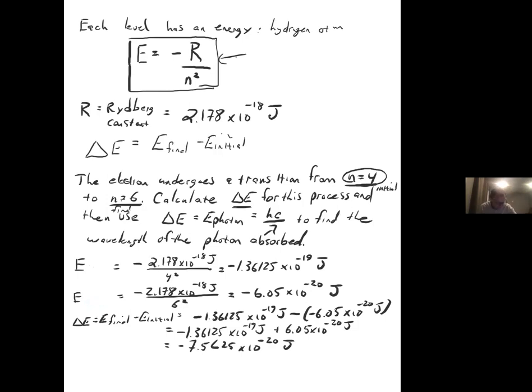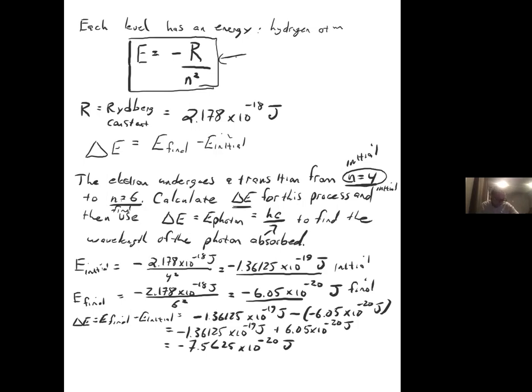It's easy to get it confused. It's going from 4, so that's initial, to 6, so that's final. So the 6 is final, and the 4 is initial. So this right here is initial, and this one right here is final. So I had it reversed. I had the final as the initial, and the initial as the final.